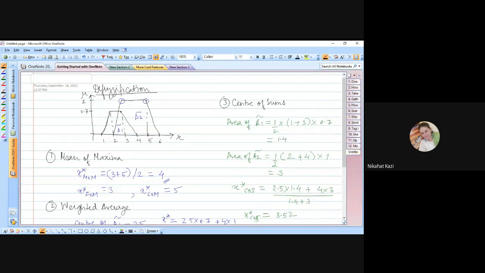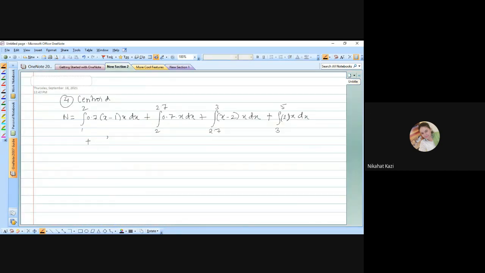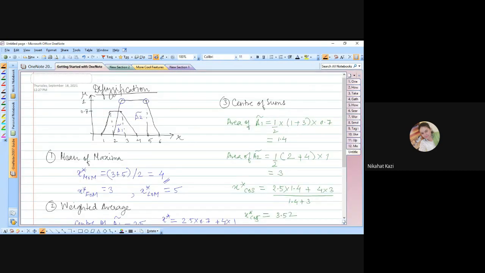Next, from 5 to 6. From 5 to 6, it's the equation of this line. So what is the equation of this line? Can someone tell me? 6 minus x. 6 minus x, correct.